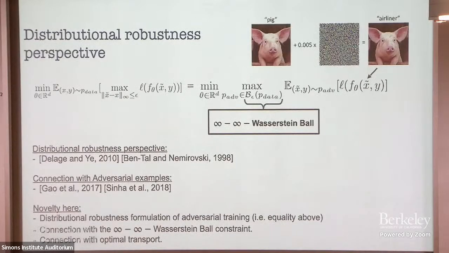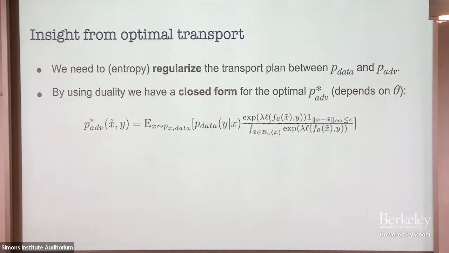Okay, but why do we want to do this? Because now we have this perspective that the adversarial distribution is just the result of a transportation of the original data distribution. And optimal transport has some very nice tools and tricks. In particular, something very convenient is often to use the entropic regularizer when you do transport between two distributions. If we add an entropic regularizer to our original problem, we get a closed form solution for the optimal adversarial distribution.